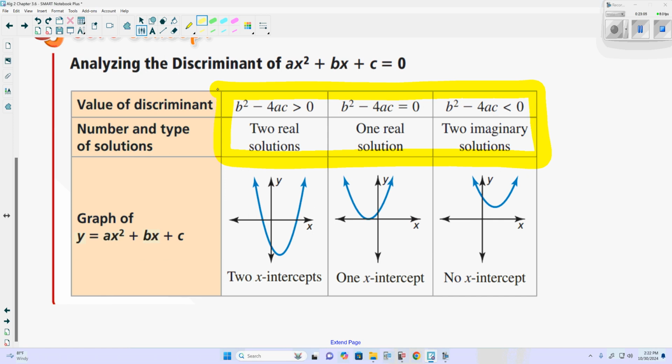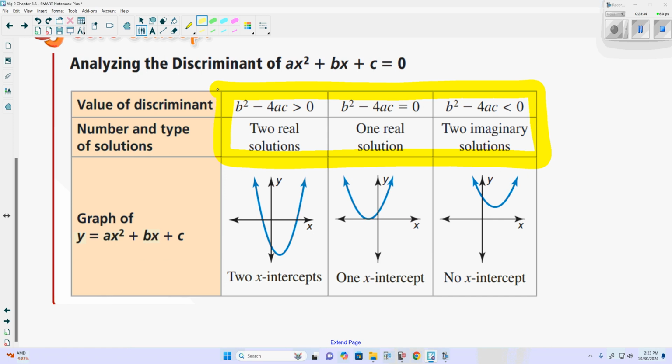b squared minus 4ac can be greater than 0, and if it is, we have 2 real solutions. Or it could be that b squared minus 4ac is equal to 0, which means we have one real unique solution, but for us we can just say one real solution.